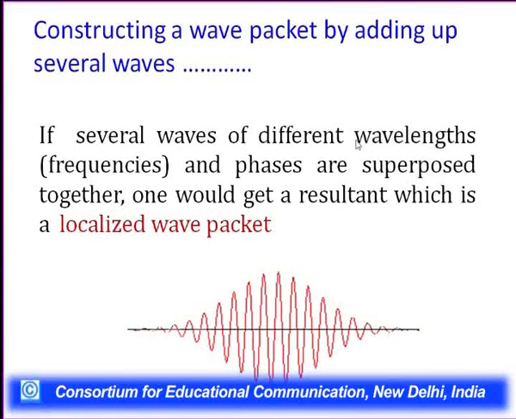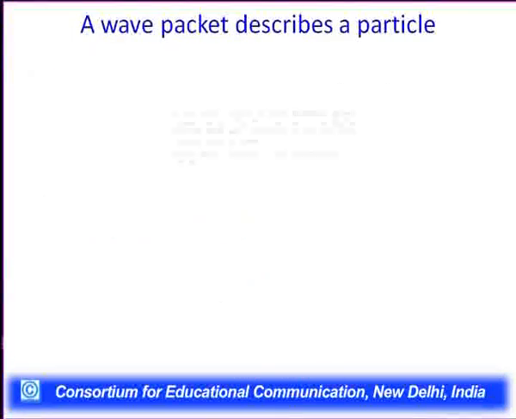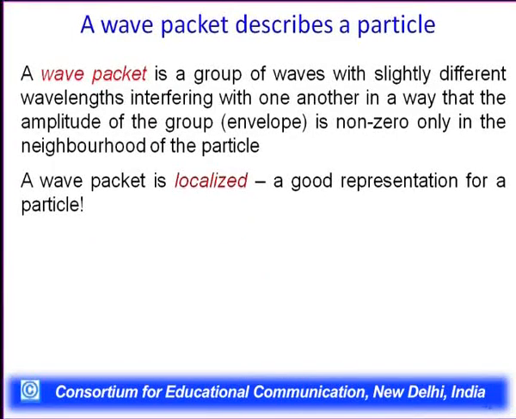If several waves of different wavelengths, frequencies and phases are superposed together, one would get a resultant which is a localized wave packet. Here we define the wave packet, not a single wave but a number of waves in a packet, and the wave packet describes a particle. Now we define the particle in terms of the wave packet.